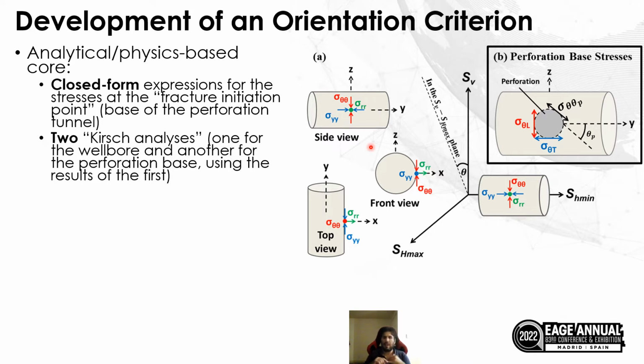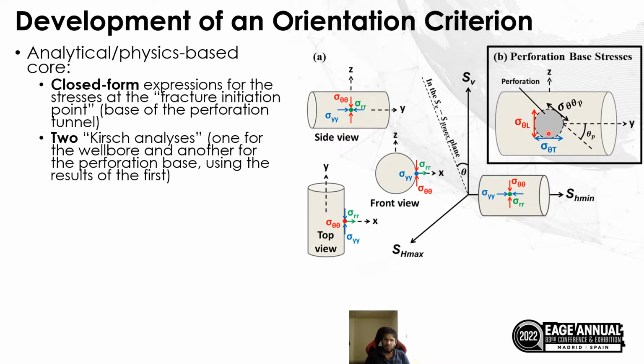And when you do that, you can evaluate what I call here sigma theta theta p, the tangential stress around the base of the perforation. The tangential stress at this point here, indicated by sigma theta L, is the stress that you need to overcome in tension to generate longitudinal fracture initiation.